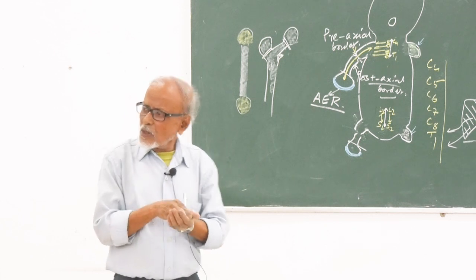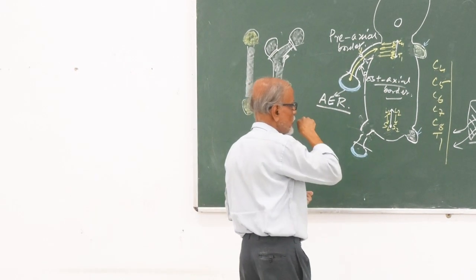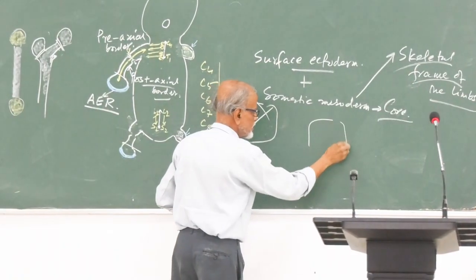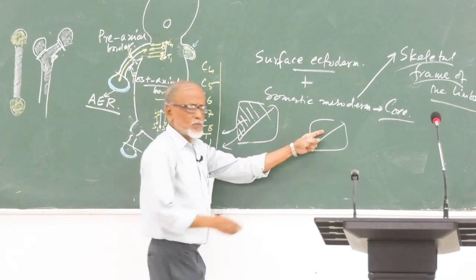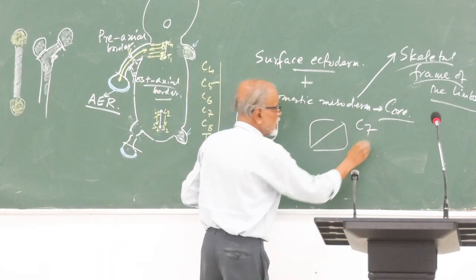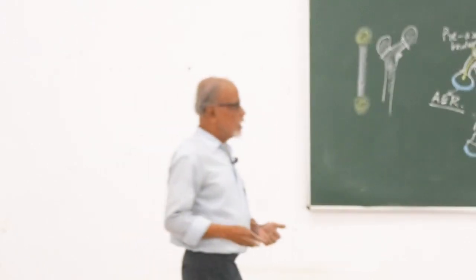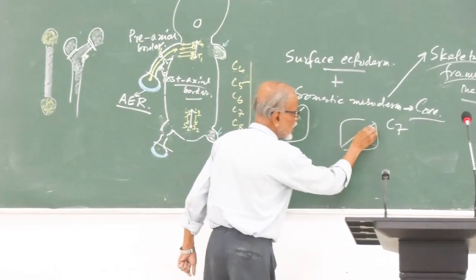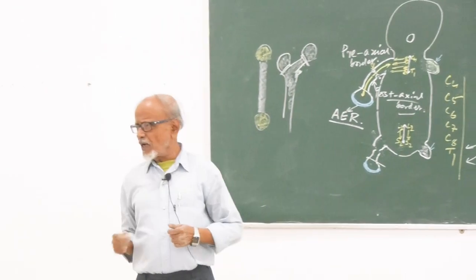See, see. Take this as the C7 somite. This is the C7 somite. Okay? From this region, the sclerotome will give rise to a vertebra.